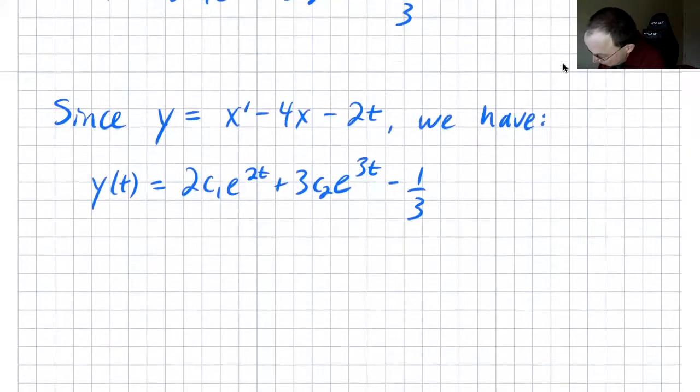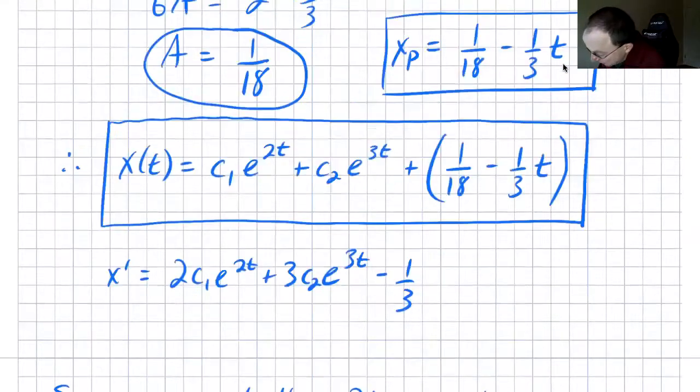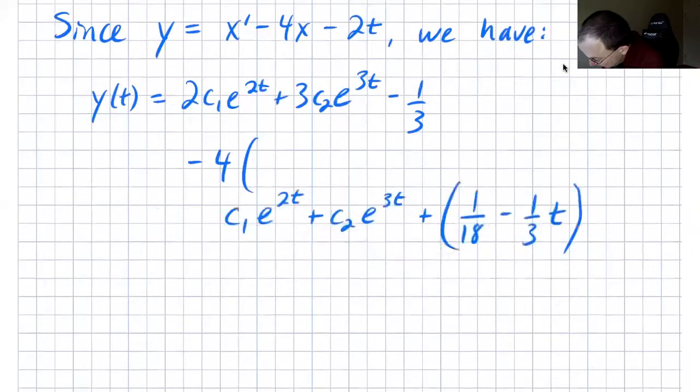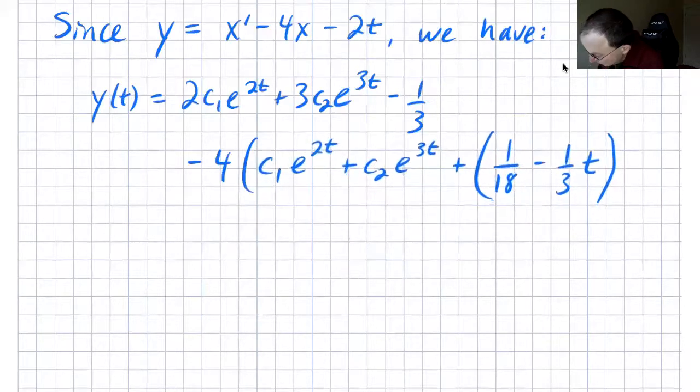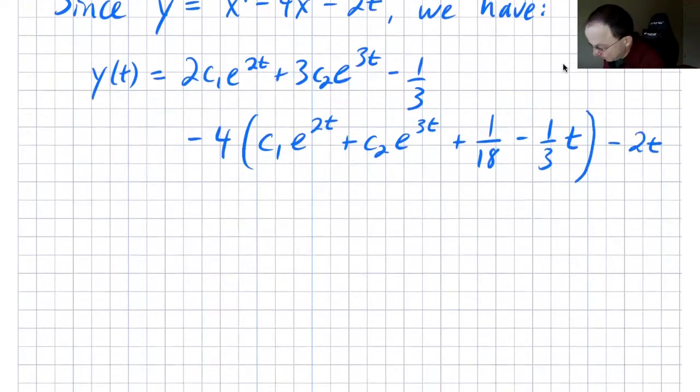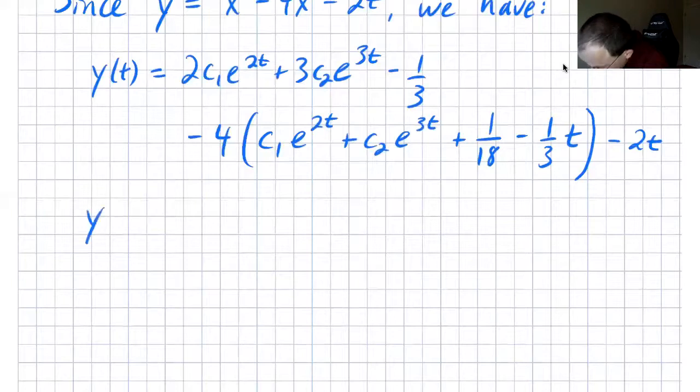Okay, and then we have minus 4 times x. Right there. Let me just remove these parentheses. And then we have minus 2t. Okay, let's simplify this.